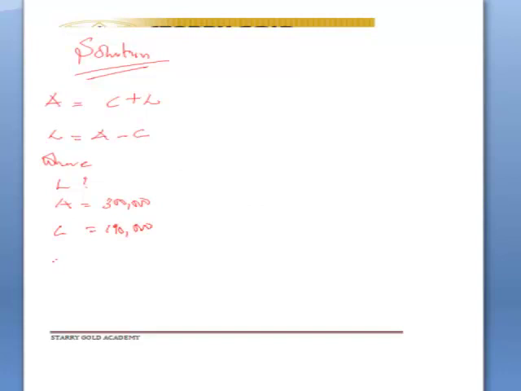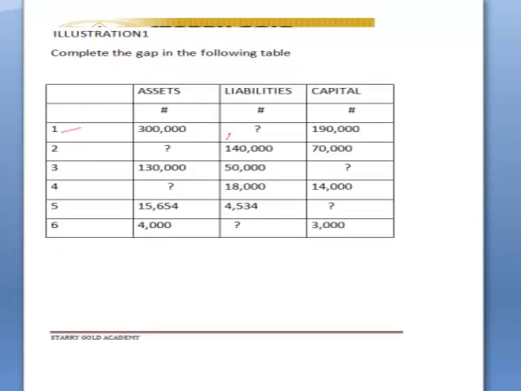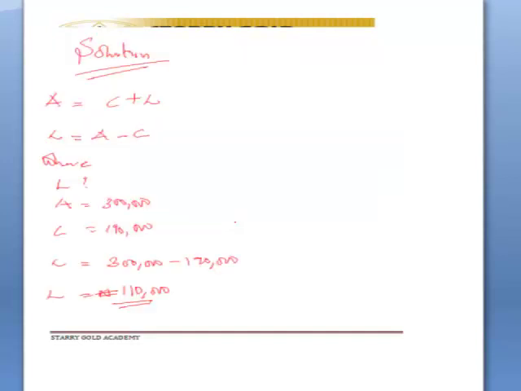So L equals 300,000 minus 190,000, and L will equal 110,000 naira.